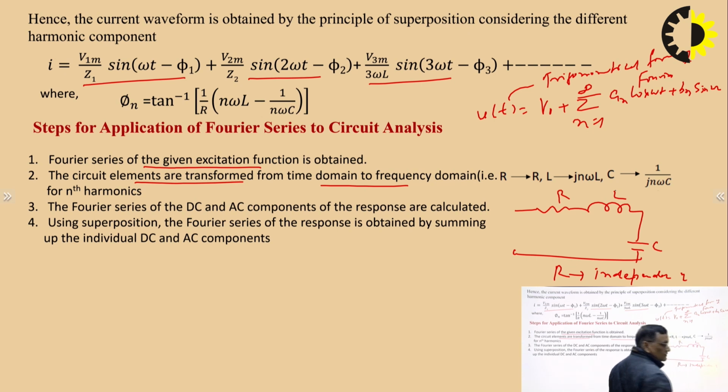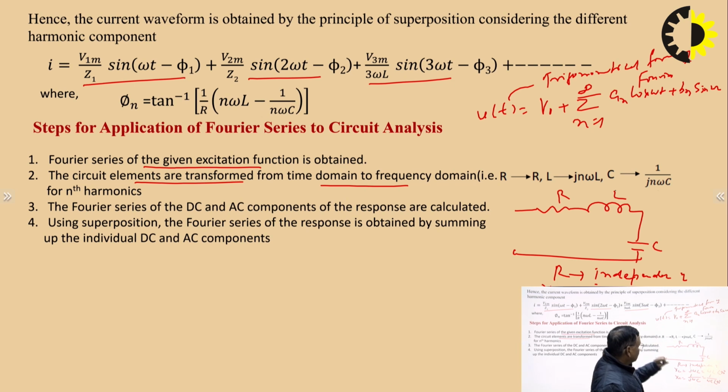It doesn't depend upon frequency, so throughout the analysis R remains R. Then L becomes XL, which is j omega L, so it is omega L at angle 90 degrees. Then C is 1 by j omega C, so 1 by omega C at angle minus 90 degrees. So circuit elements are transformed from the time domain to the frequency domain.